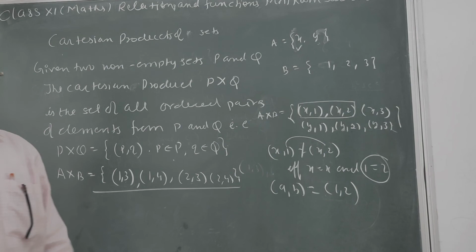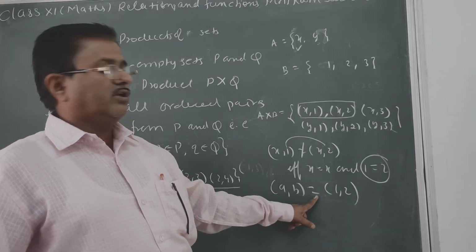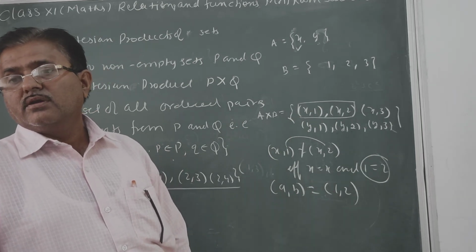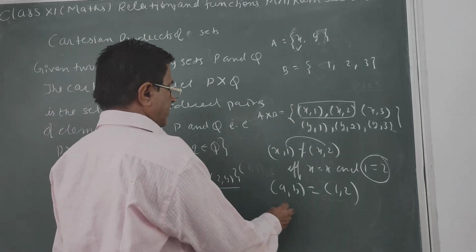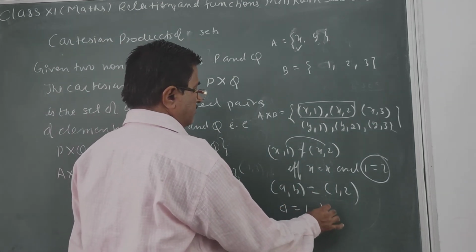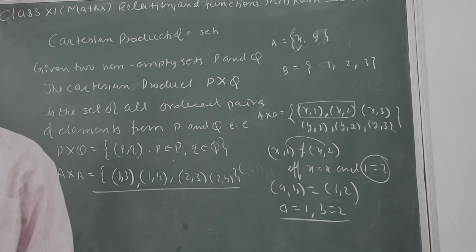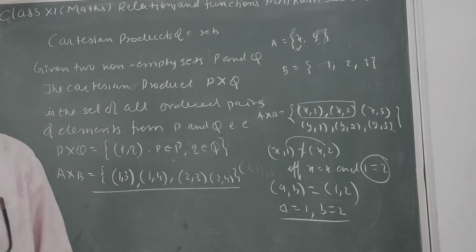There are two ordered pairs, (a, b) and (1, 2). Now we have the equal to sign. So both ordered pairs are equal only when their corresponding elements are equal, यानी 1 equal to a and 2 equal to b. अगर a की वैल्यू 1 है, b की वैल्यू 2 है, then this is clear. So in this way we can write ordered pairs and they are equal.